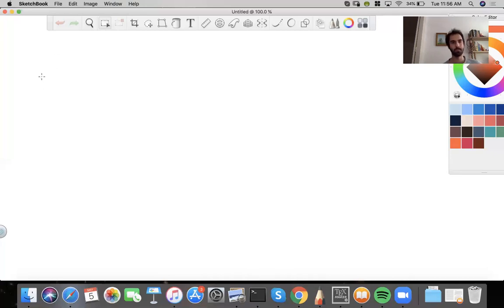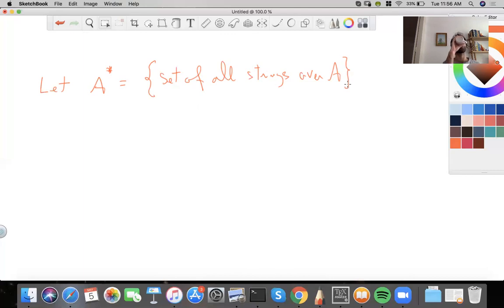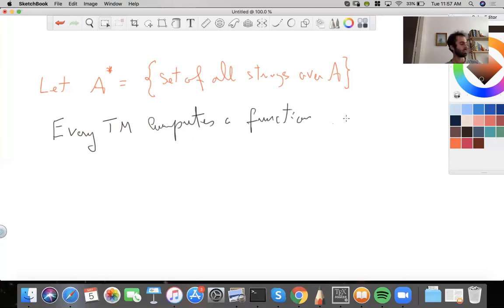I want to define A star as the set of all strings over A. Now, every Turing machine computes a function which I'm going to denote by phi m, which takes an element from this set A star and gives me another element in this set A star. Okay.